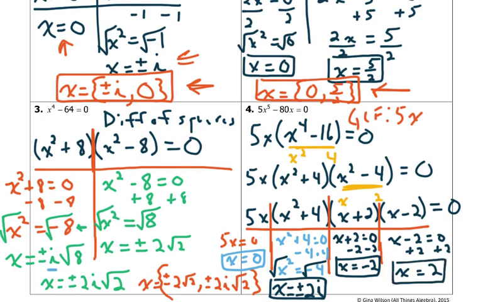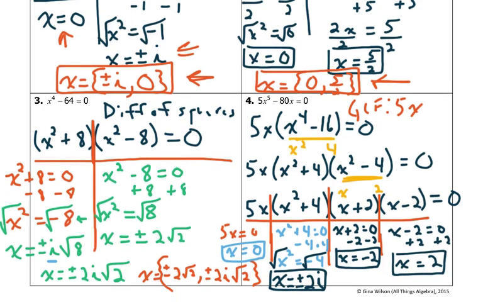I could write this answer out as x equals 0, comma, plus or minus 2i, comma, and since we have one positive 2 and one negative 2, we could also do, comma, plus or minus 2.